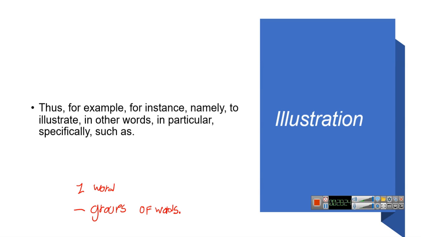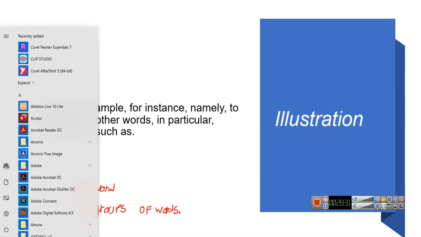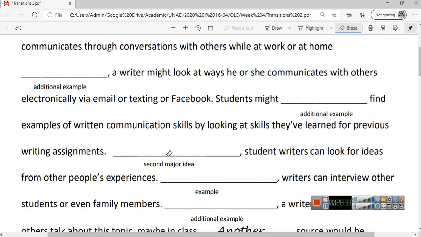I can choose the word specifically. Specifically, a writer might look at the ways he or she communicates with others electronically via email or texting.